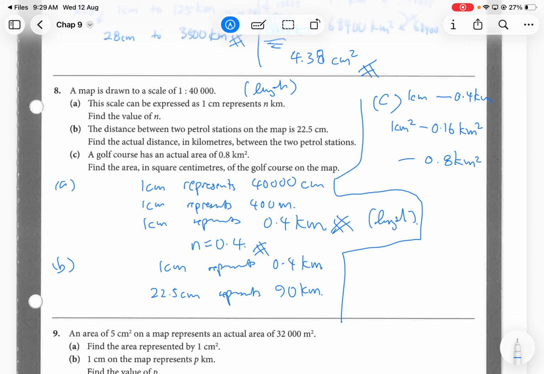From 0.16 to become 0.8, actually it is multiply 5. But I may not know how to straight away get the multiply 5. From 0.16, I go to 1 first. How to go to 1? Divide by 0.16. Then my right hand side also divide by 0.16. So it becomes 1 over 0.16.